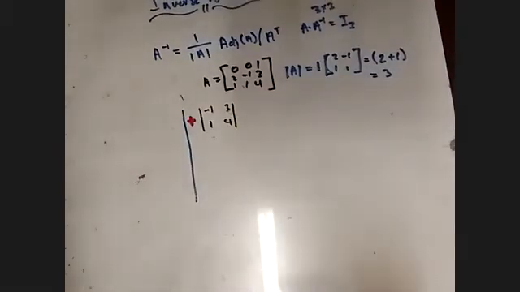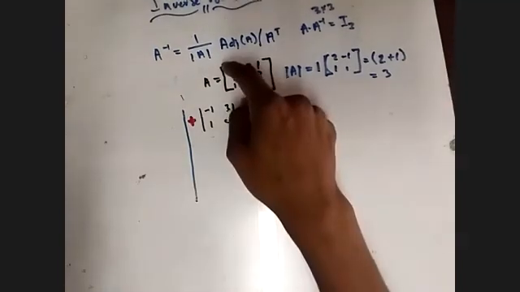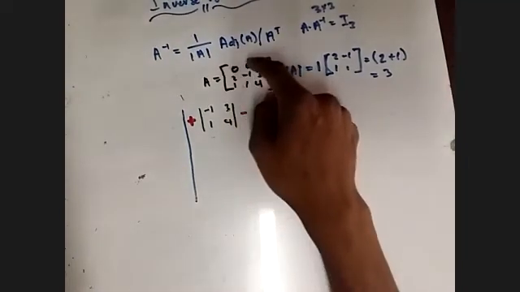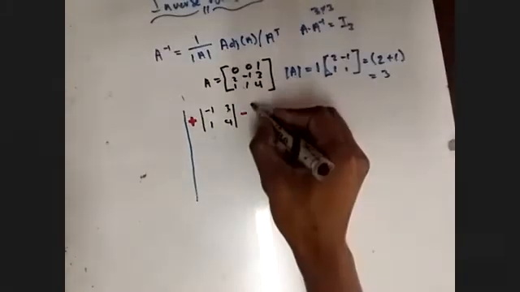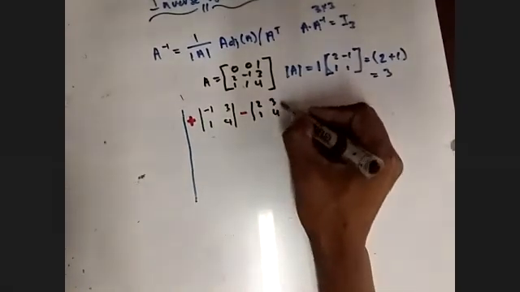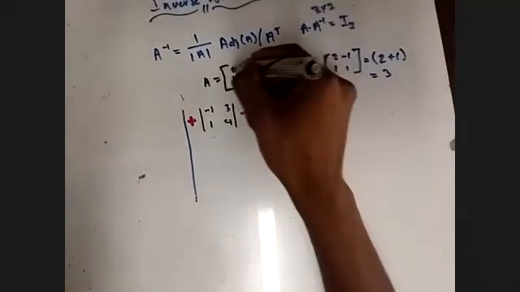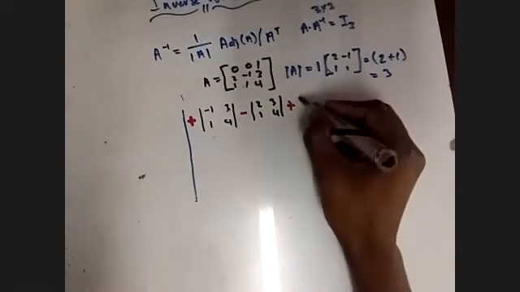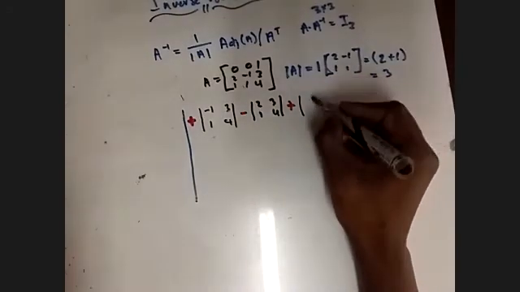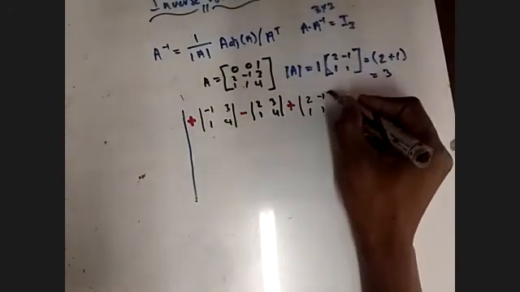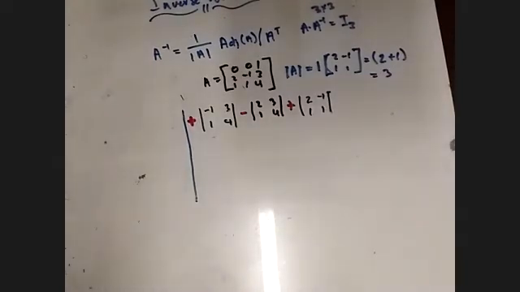The second one will be given by a negative, alternating. Now we close this one, and then we have 2, 1, 3, and 4. Then for the next one we close this one and have 2, negative 1, 1. This is called the adjoint.